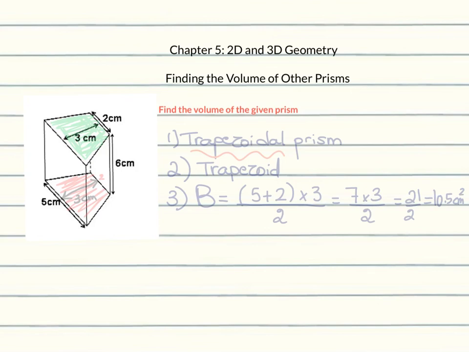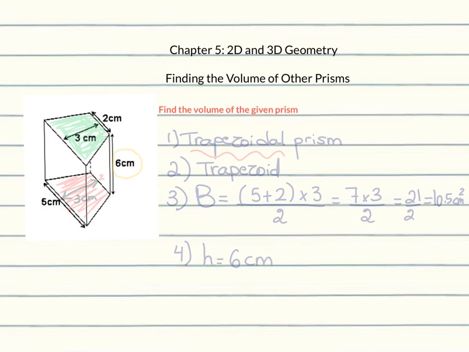Now, step number 4 is identifying the height of the whole three-dimensional figure, and that is how long, or how high, is your three-dimensional figure. Here the height of this figure is 6 centimeters. This means that h is equal to 6 centimeters.